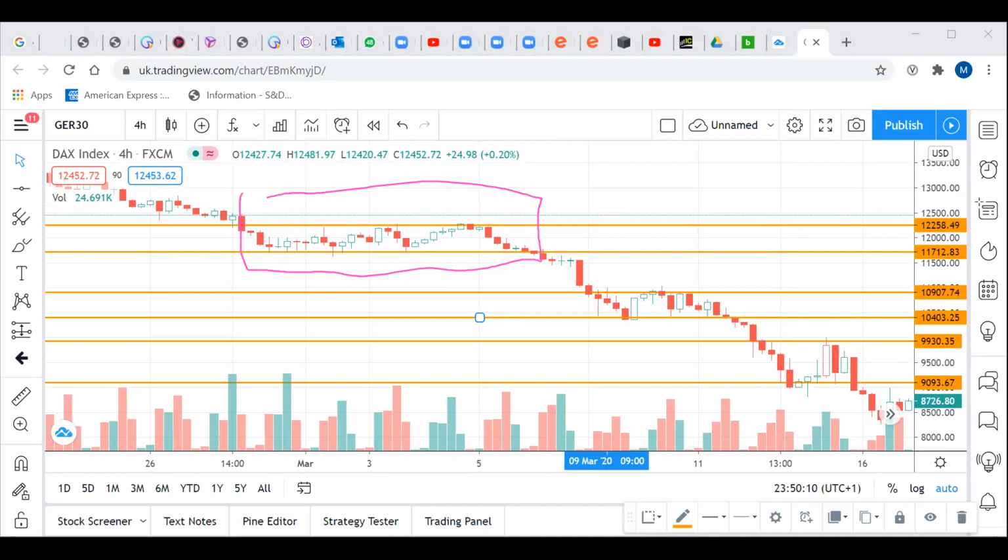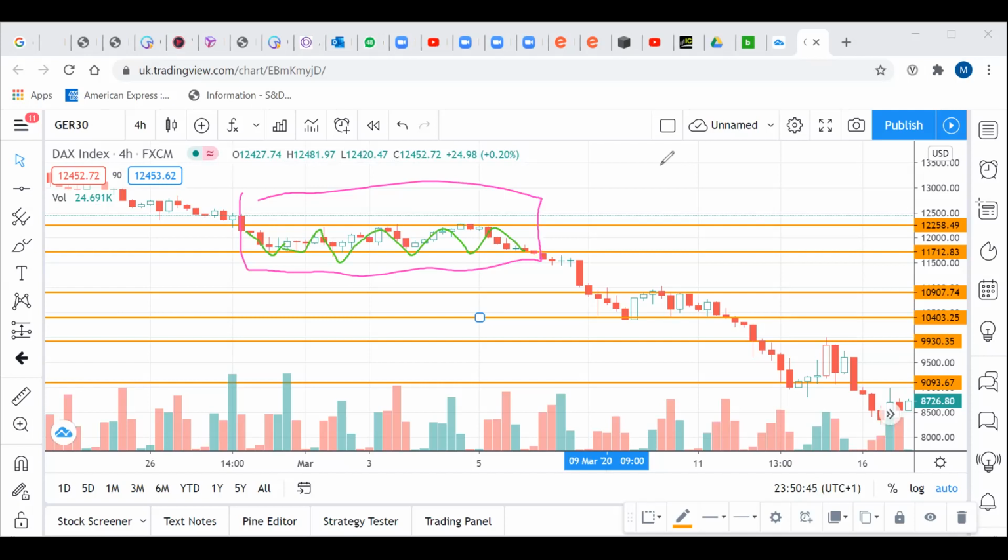I've marked up support and resistance based on where price has seemed not to be able to move out of this zone. Price has done up and down movements within this zone and hasn't broken it. So if I was trading this, I would be waiting to see how price will break out of this zone.